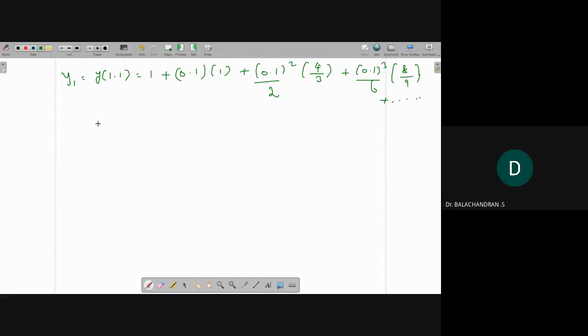So do it using calculator and tell what is 1 plus 0.1 plus 0.1 whole square by 2 into 4 by 3.